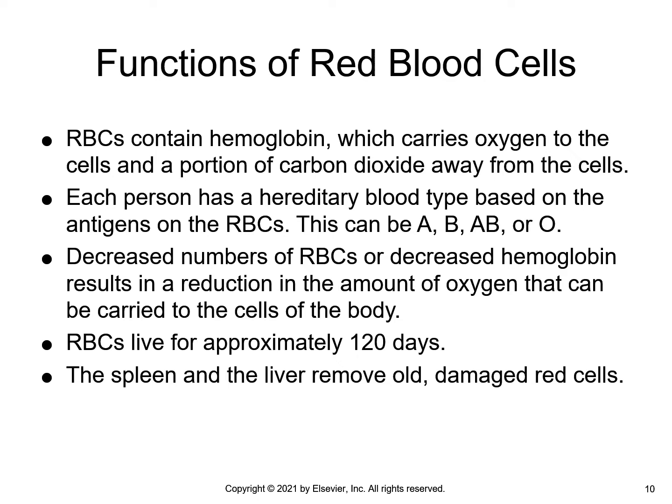If we have a decrease in the number of red blood cells or a decrease in the hemoglobin, this will result in a reduction in the amount of oxygen that is able to be carried to each cell. All cells need oxygen for survival.